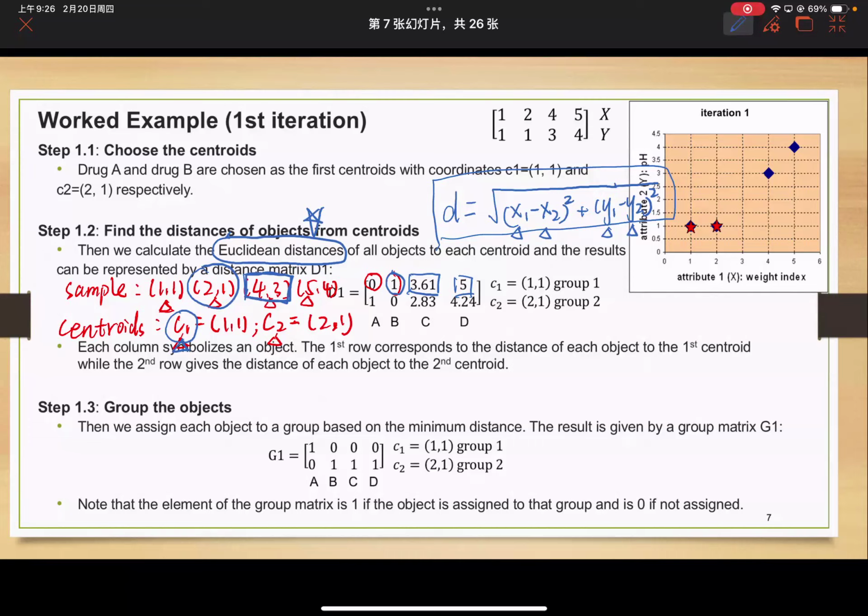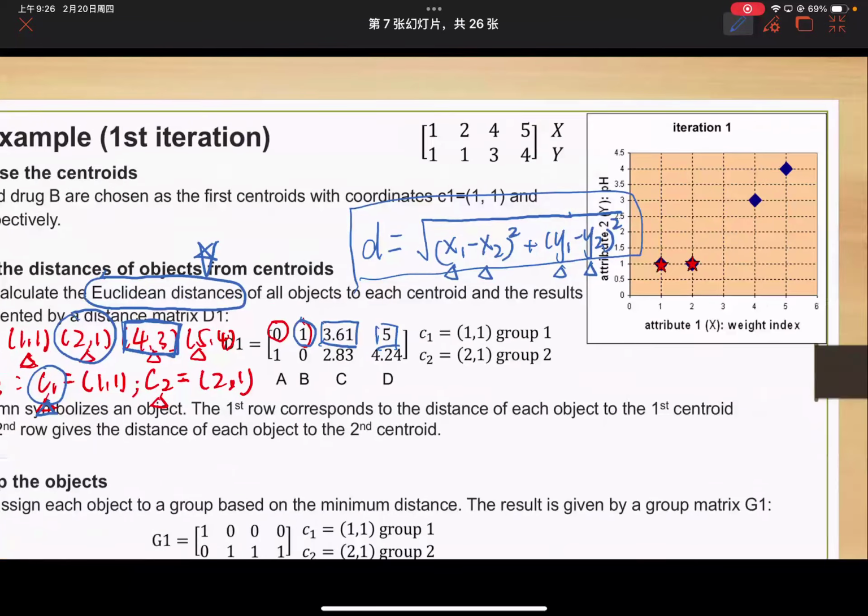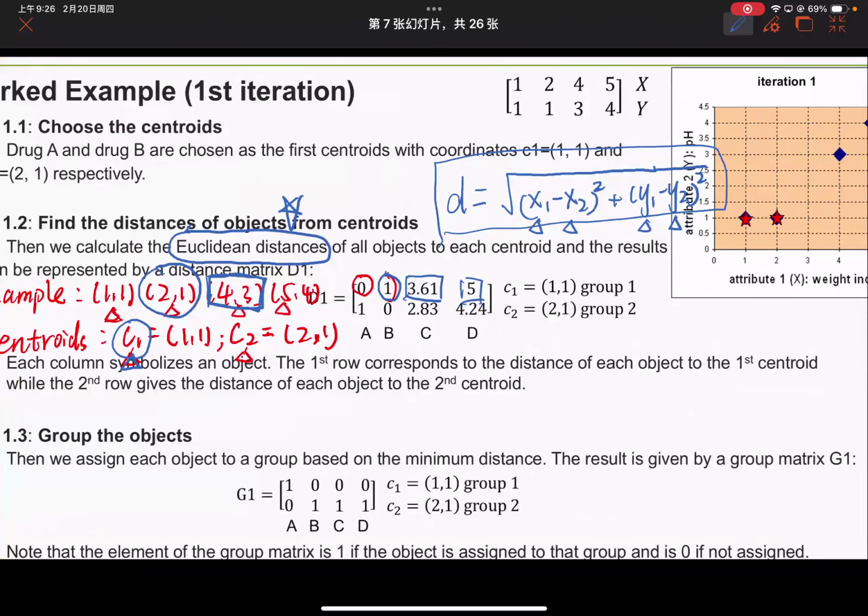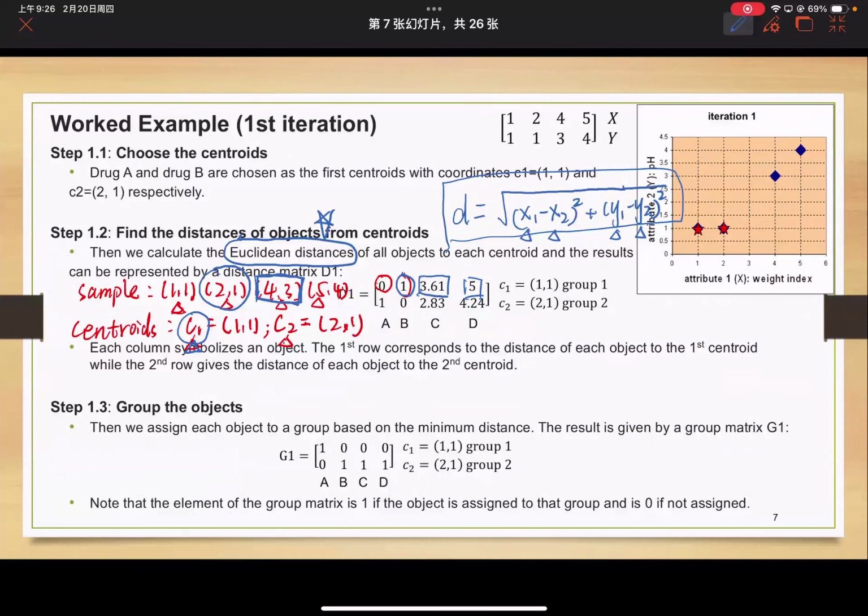So let's say we have two data points, D1 with X1, Y1, and D2 with X2, Y2.